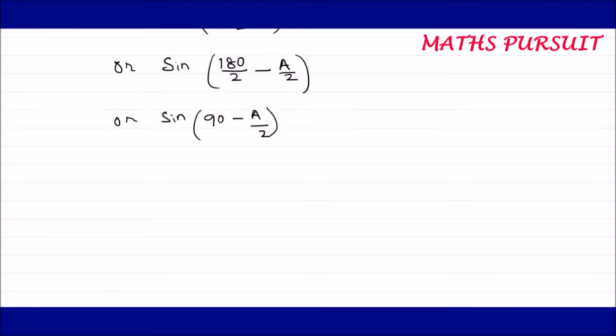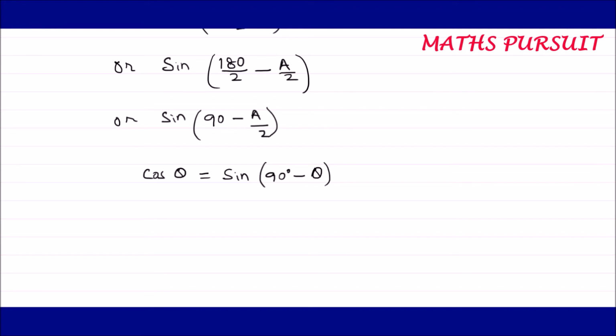Now guys, we know that cos theta is equal to sine 90 degree minus theta. This is what we very well know from the books; these are the important identities or formulas, whatever it may be, that we need to remember.